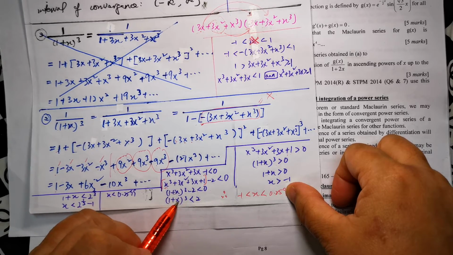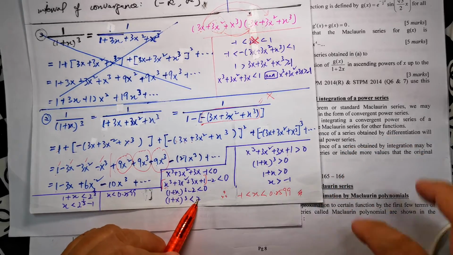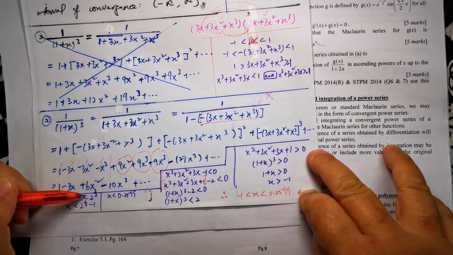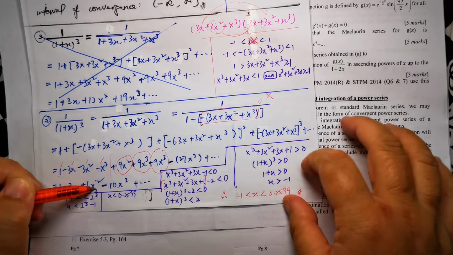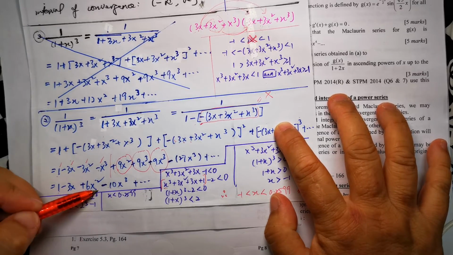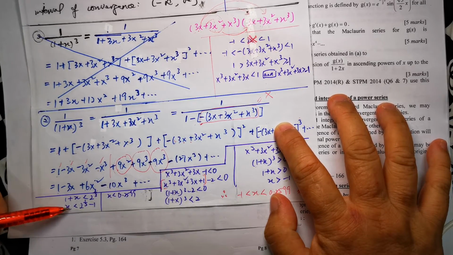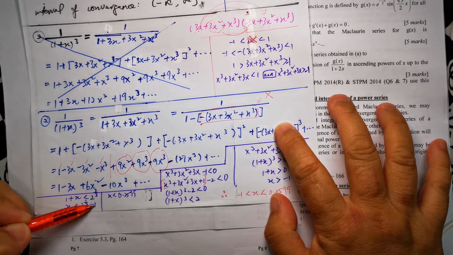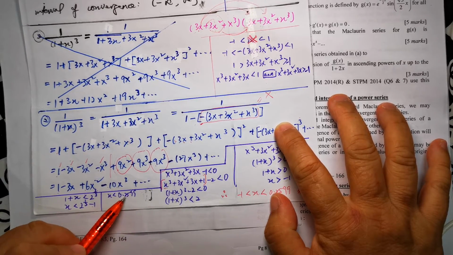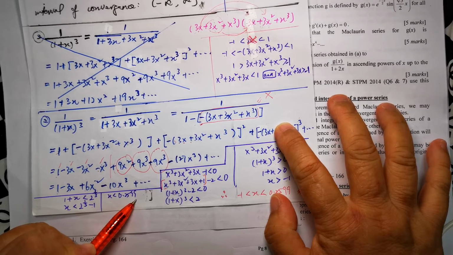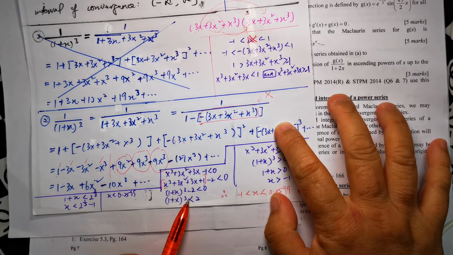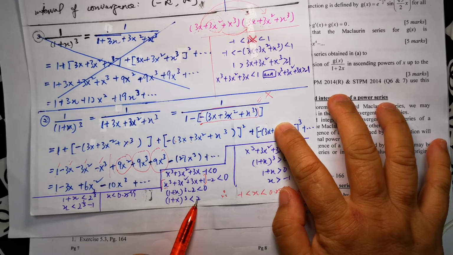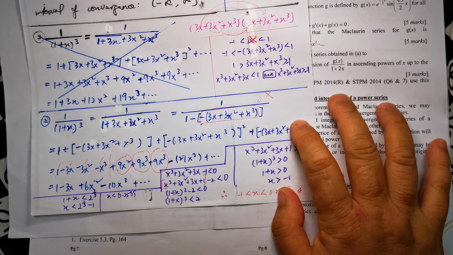So I have 1 + x cube less than 2. So 1 + x less than 2 to the power 1 over 3, the cube root. So x will be less than cube root 2 - 1. When you use your calculator, it's 0.2599. Remember, because this is cube, we can do this. If square, then cannot.